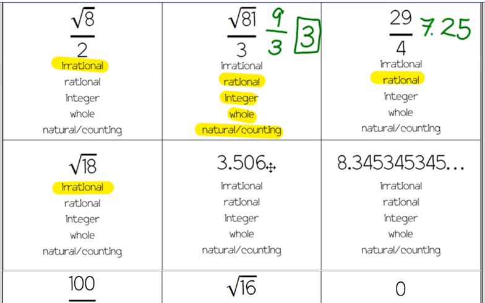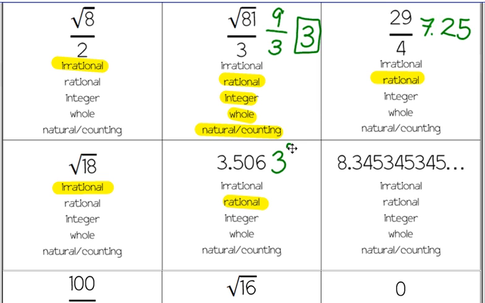Next is 3.506. We can see that this is a decimal that stops. It doesn't matter how many digits it goes on, as long as it stops, it is a rational number. You could also write this how you read it. We would read this as 3 and 506, and remember that this is the tenths, hundredths, and thousandths place.